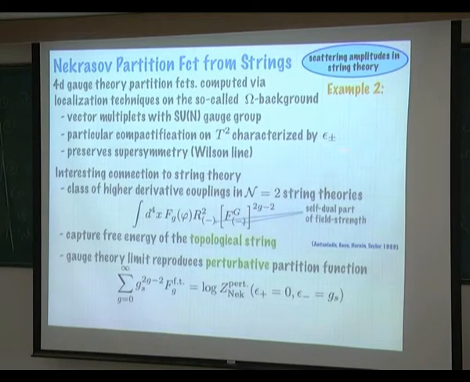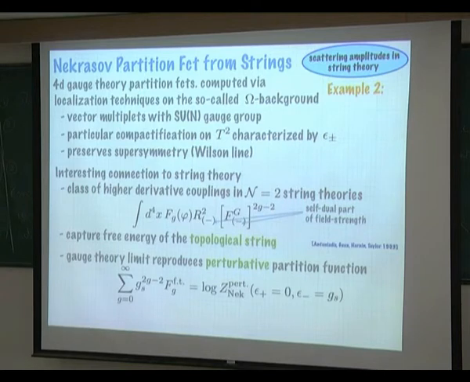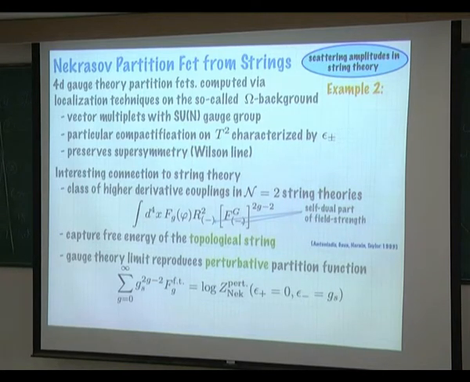However, not with the generic parameters epsilon plus and epsilon minus, but with one of them being set to 0 and the other one being identified with the topological string coupling. So these F_g's have already a well-known connection to partition functions along the lines I also discussed before.